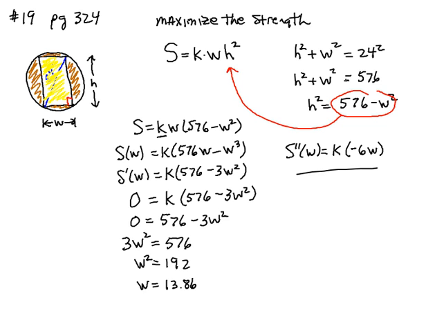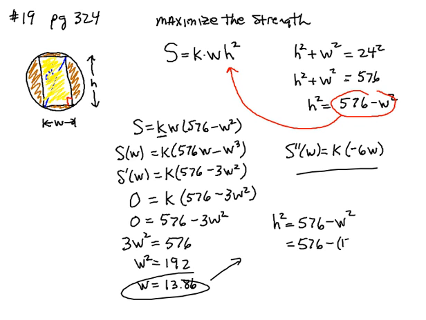So what are the dimensions of the beam? w is equal to 13.86. How am I going to get h? Well, I know that from above there, h squared is equal to 576 minus w squared. And I'll just substitute in the 13.86.